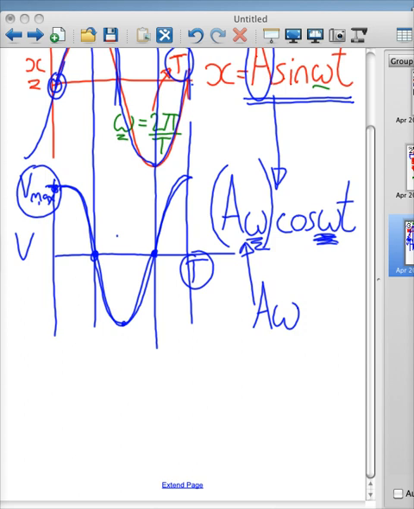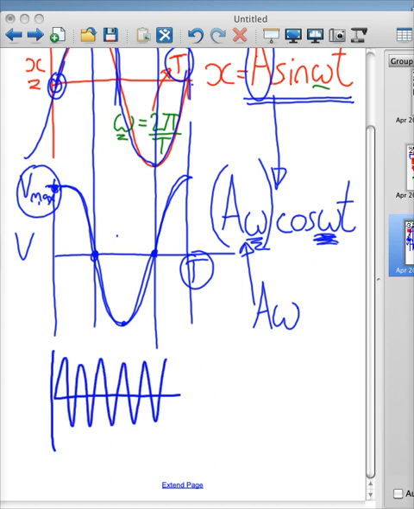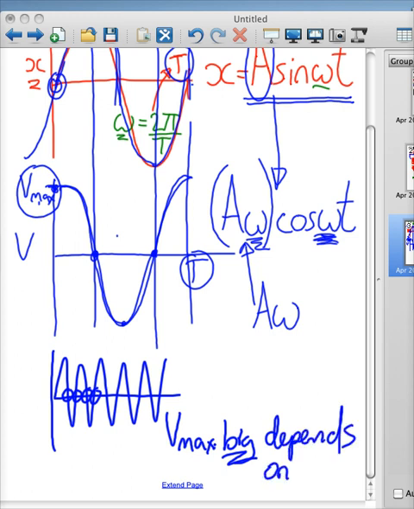So big omega means a big velocity, a big V max. It must be screaming along to be going so fast here. So V max must be big, and it depends on the big angular frequency. So that's why angular frequency has something to do with the maximum velocity.